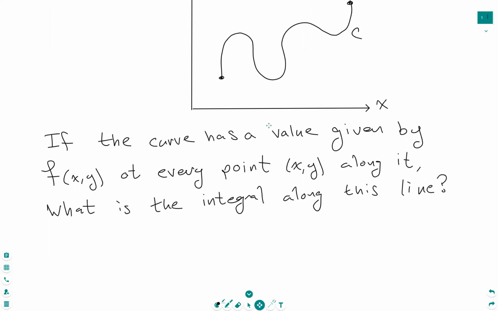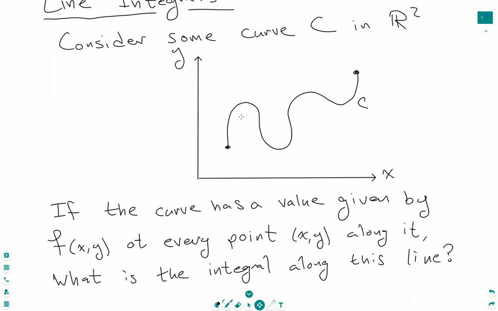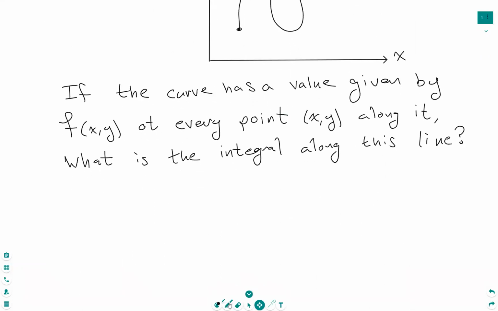So I look at this curve, and maybe it's given by some weird relationship. But what we could always do is go back to parameterizing this curve. So let's come up with a parameterization.